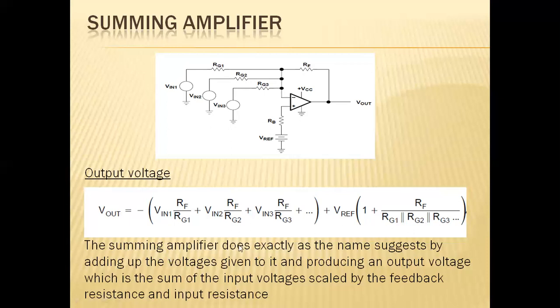And here the summing amplifier does exactly what the name suggests, by adding the voltages given at an input and producing a corresponding output voltage, which is the sum of input voltages scaled by the feedback resistances.